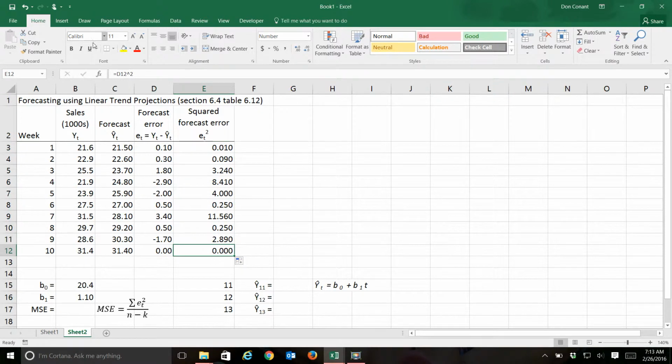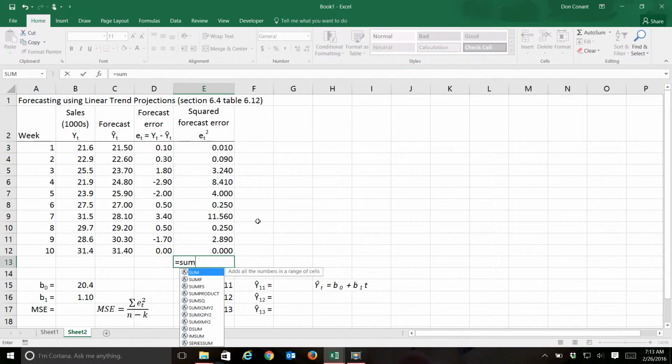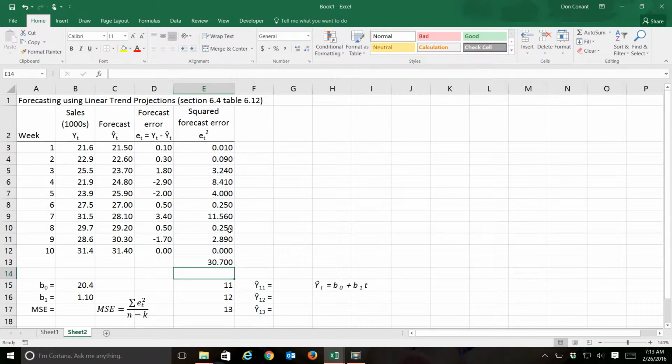Now with this, we can go ahead and calculate the sum of the squared error. And we'll get that value right here. And that's the value that we use for one of the calculations that we're asked to do in the textbook, which is the mean squared error, which you can see is the sum of these errors squared. So we'll go ahead and take that value and we'll place it over our n, which is 10.